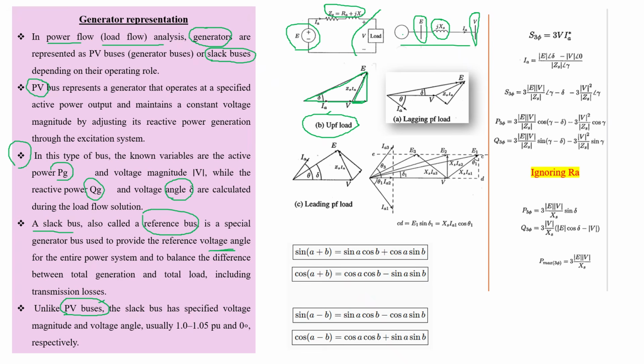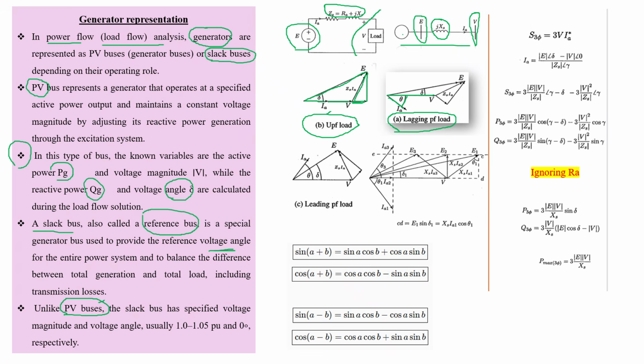But when we see a load which has a lagging power factor angle theta, the phasor equation will look like this. If the load is at a lagging power factor of theta, and this is the voltage at the terminal point, and this is the armature current, there is an angle difference between terminal voltage and armature current, what we call the power factor angle.